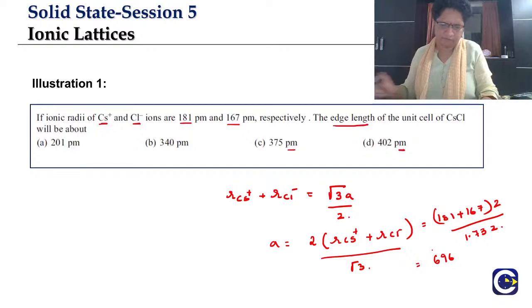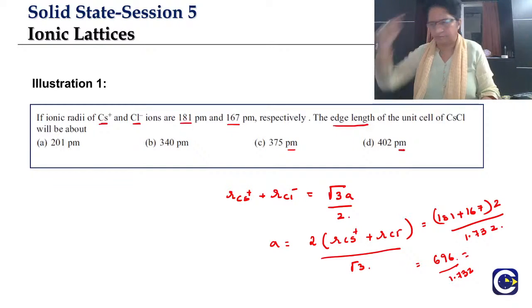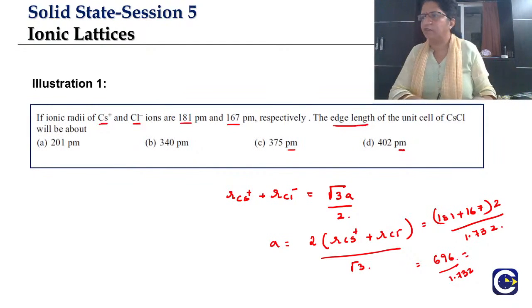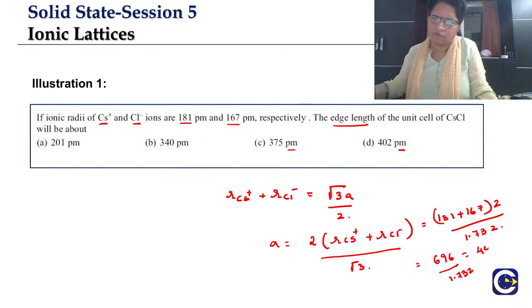How much will it come to? Which should be the option? You get 401.84 picometers. Approximately we can make it 402 picometers.